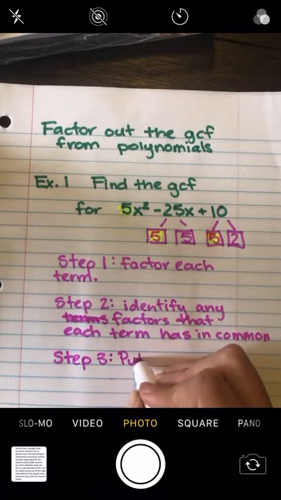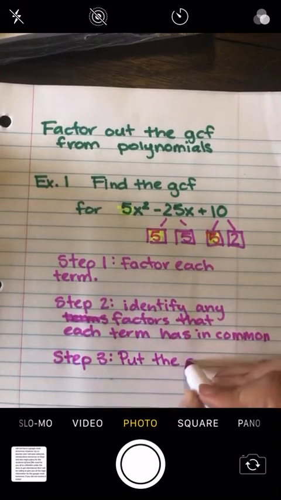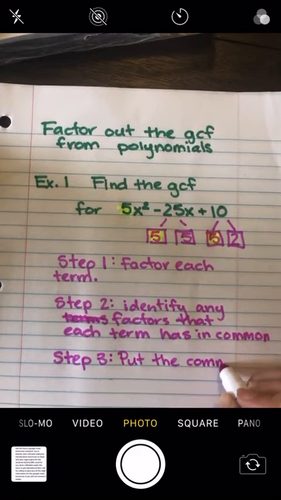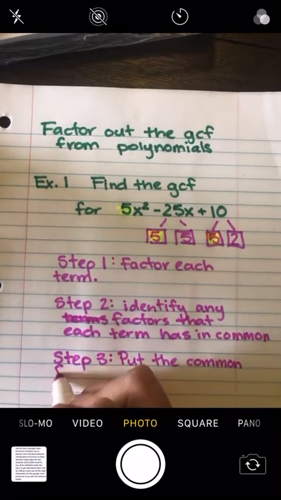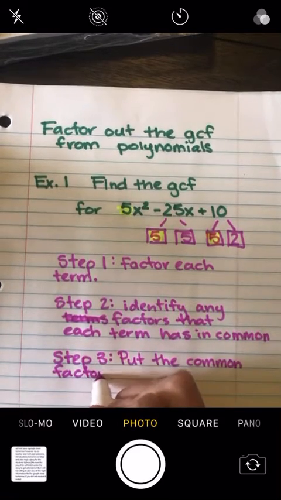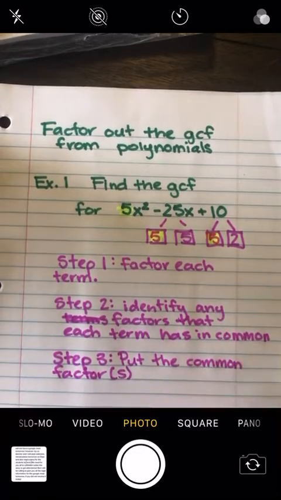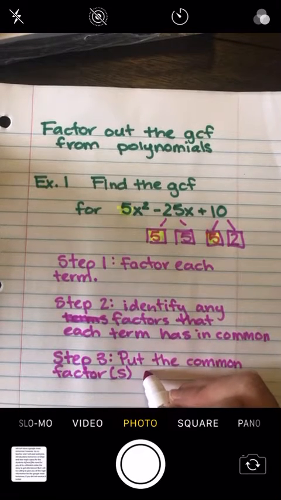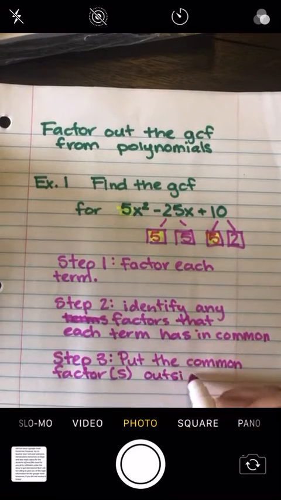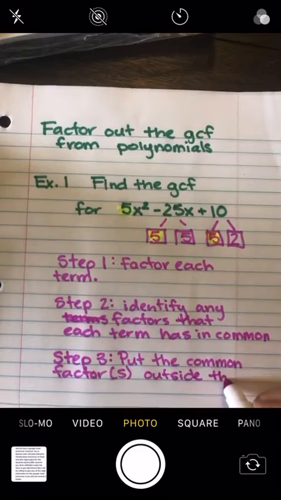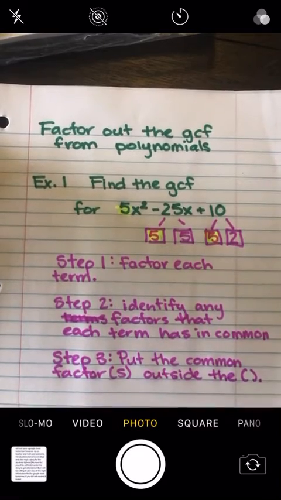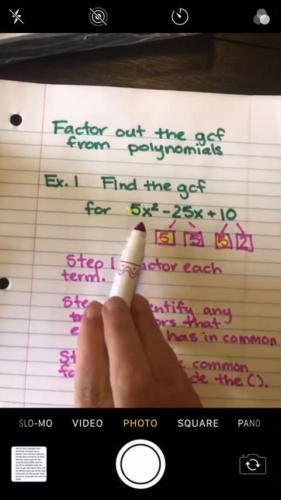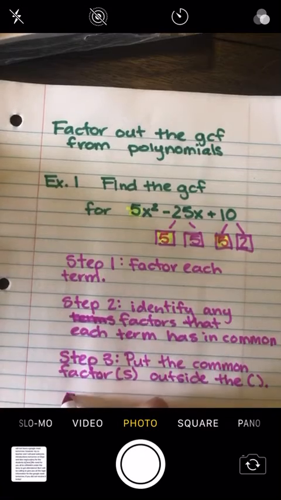Step 3, put the common factor, or factors if it's more than one, outside the parentheses, okay? So our common factor for this one was 5.